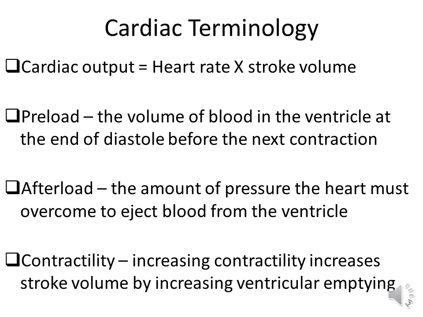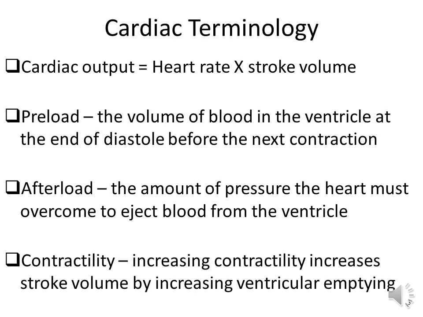Anything that affects the amount of blood returning to the heart will affect preload. What affects the amount of blood returning to the heart? Well, something like hemorrhage or dehydration or diuresis. Those will decrease circulating volume.